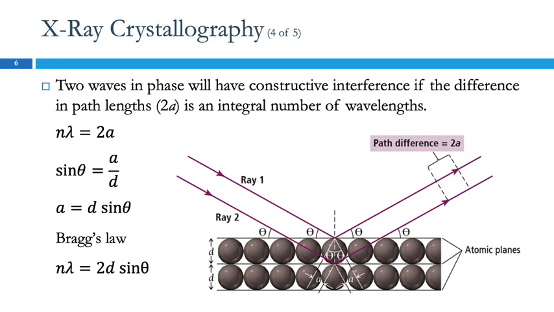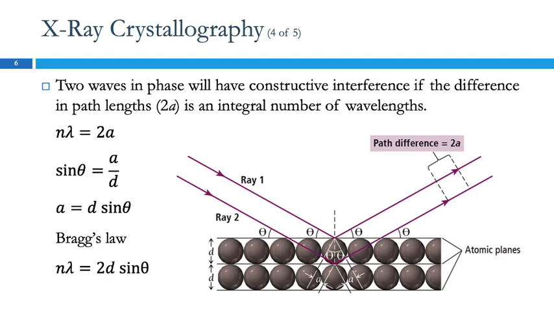If the distance traveled is not an integral number of wavelengths, then they'll be out of phase and they'll destructively interfere. So what they do is they change the angle at which the X-rays hit the substance, and they're going to adjust this angle until they get constructive interference here. And knowing that angle allows them to calculate the distances between the different atoms.